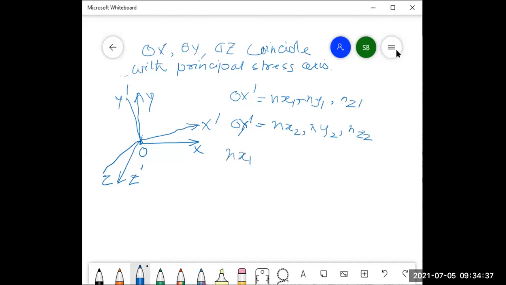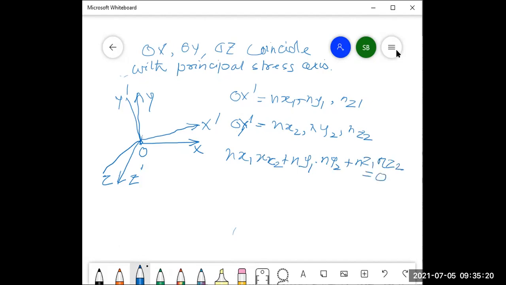That is, we have nx1 nx2 plus ny1 ny2 plus nz1 nz2. This relation is equal to 0.